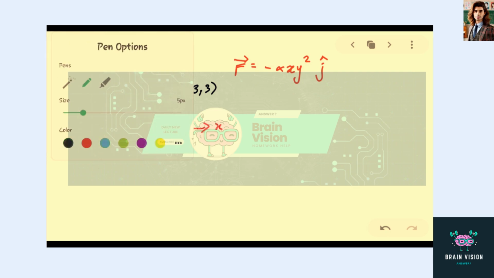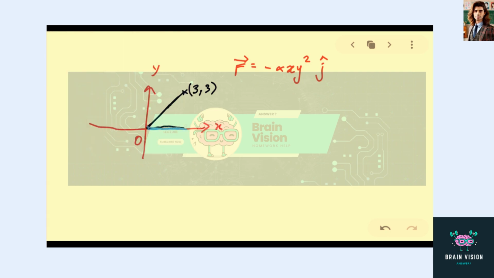This is the second path, moving from x first and then up to 3, 3. So we want to compare what is the total work done on these two different cases, right?